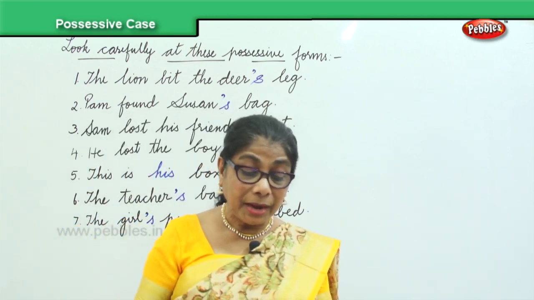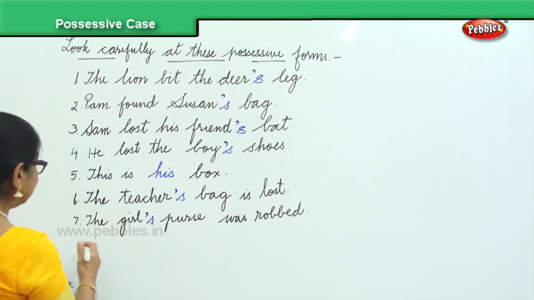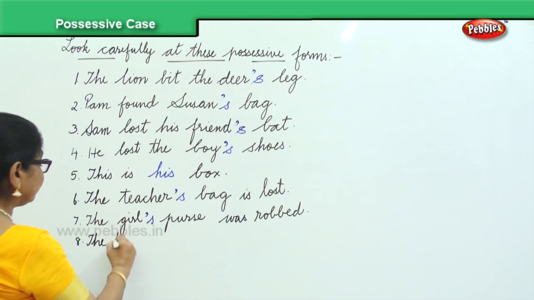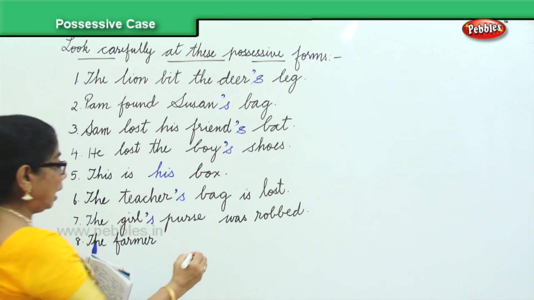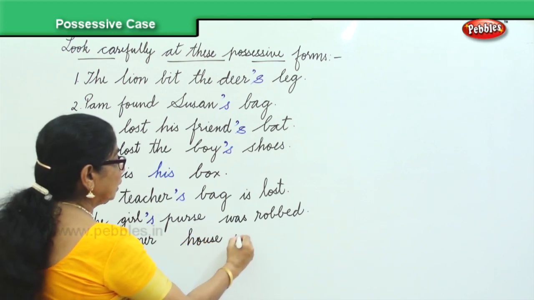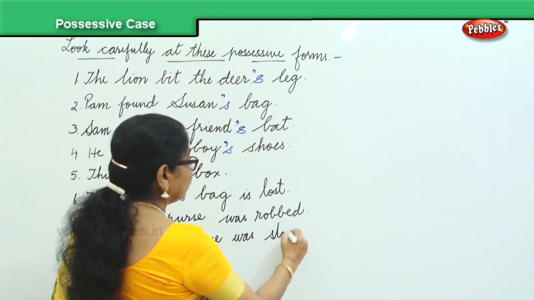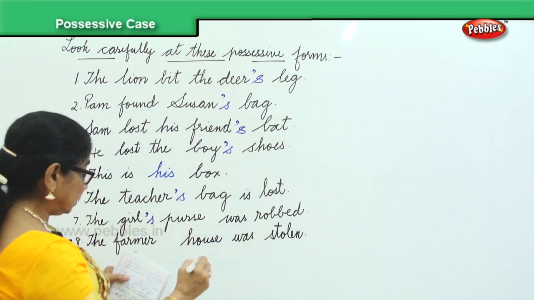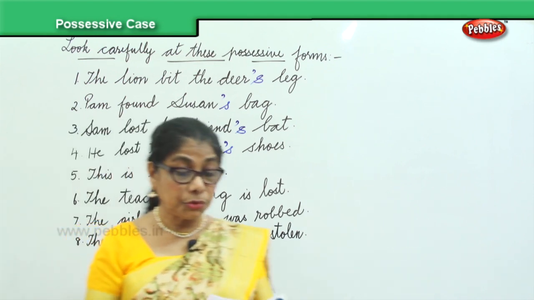Next, the farmer's horse was stolen. The farmer's house was stolen.